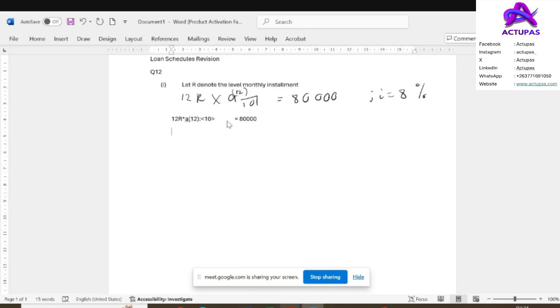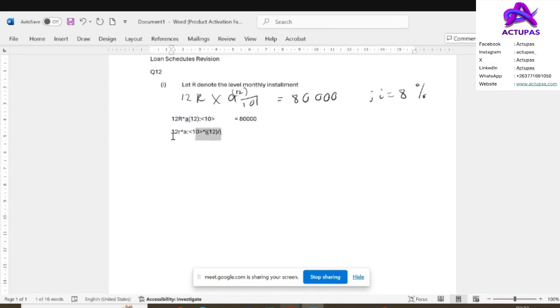Anything that I'm writing using the pen would not be written in an exam because you don't have a pen. So this A 10 superscript 12, you can write as 12R times, in the tables you can find a 10, and then you multiply by i over i superscript 12.